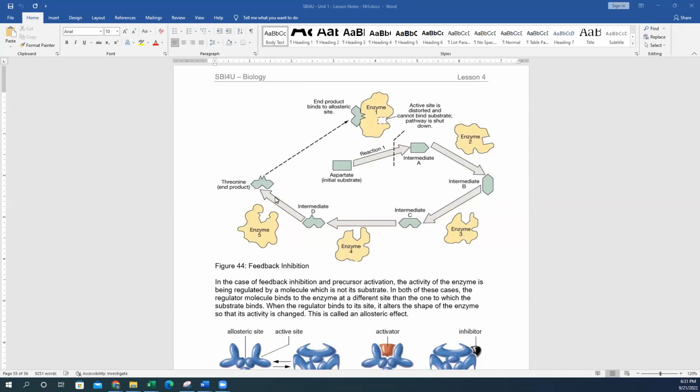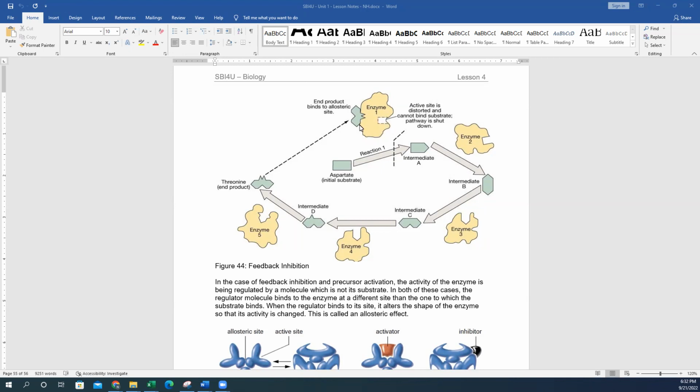But this threonine here is able to bind at an allosteric site. And through the binding of this molecule at the allosteric site, it can distort this active site such that it can no longer bind this substrate.